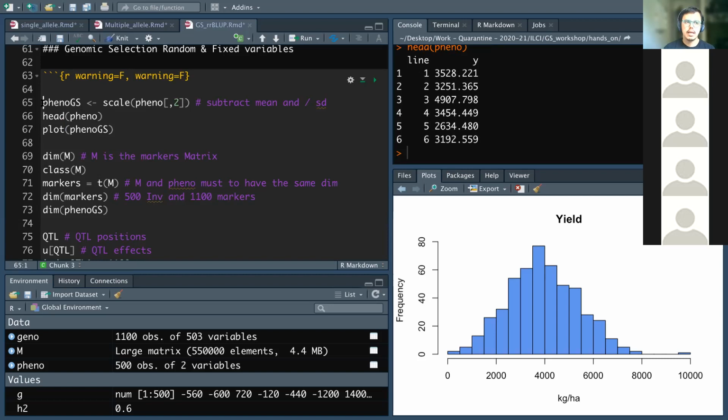So we're interested just in column 2, which has the phenotypes. And we're going to scale those phenotypes, because in theory, in genomic selection, when you scale the data, you are able to capture more of the additive effects of that data. So you can run the model with the raw phenotype if you prefer.